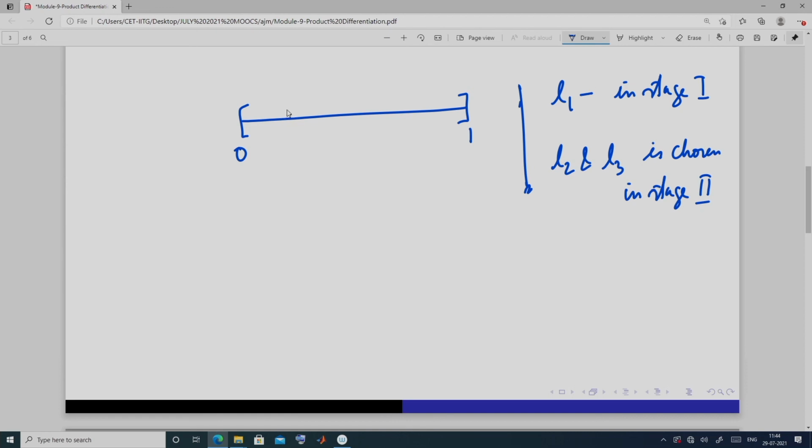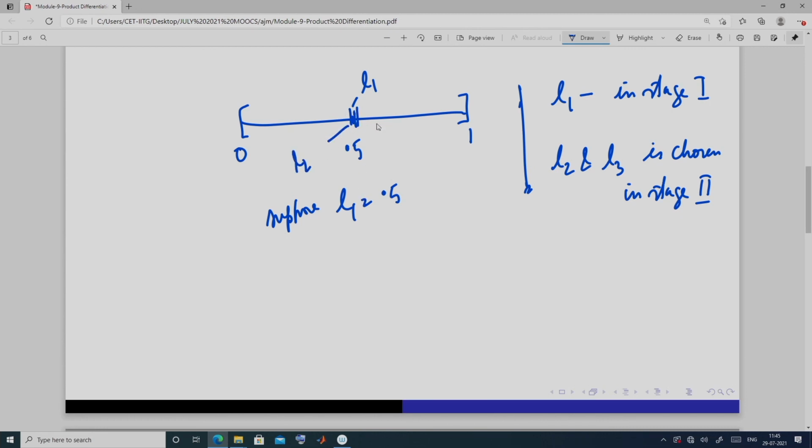First, suppose L1 is at this point, 0.5, the middle. Then in stage 2, firm 2 can choose this position and firm 3 can choose this position. So, L2 is to the left of L1 and L3 is to the right of L1.